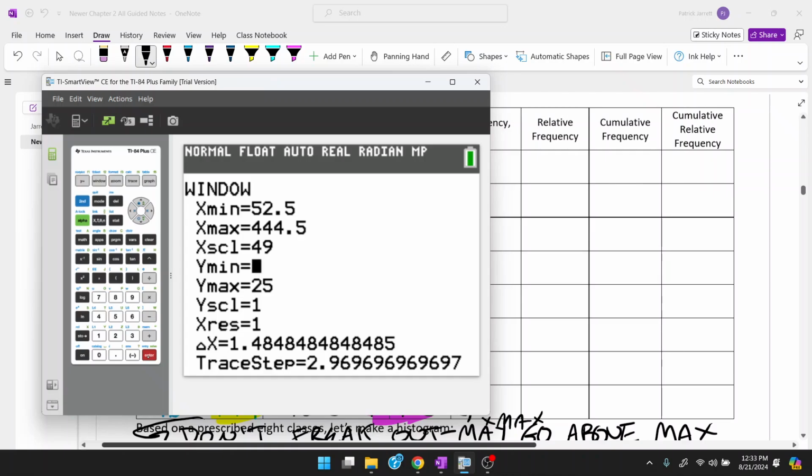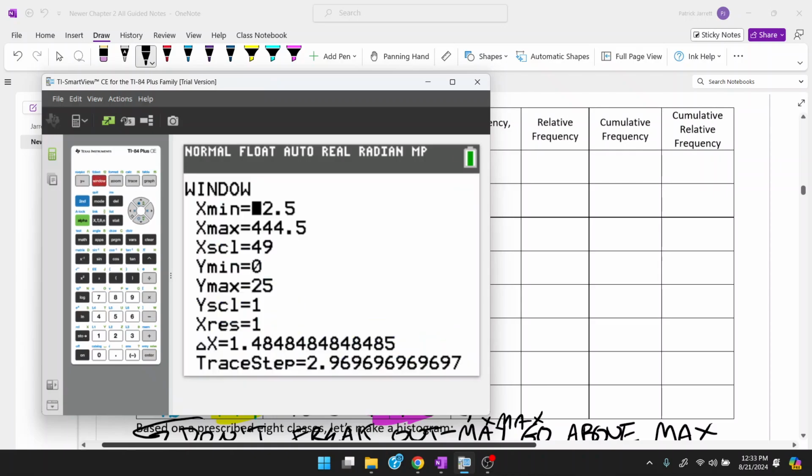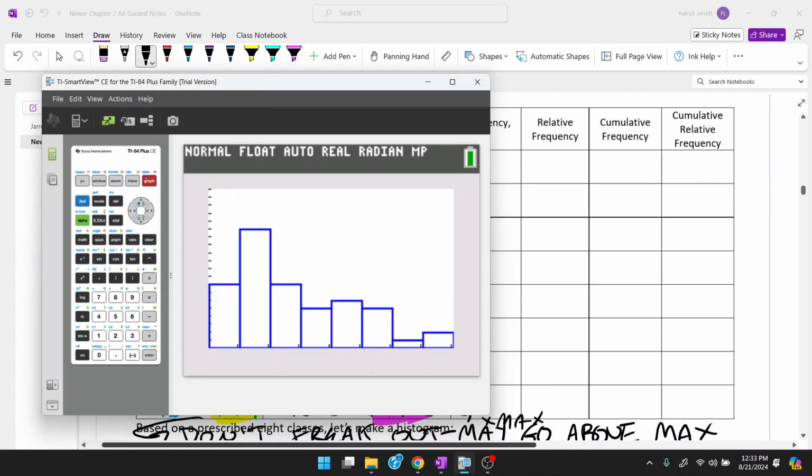Now, for the Y-max, if you've entered this and you find that the graph might be a little too small, if you're OCD like me, maybe I'll make that 20 just to make that a little bit more readable. But for the Y-min and max, you're thinking Goldilocks. It's too big, it's too small, or too hot, it's too cold, and it's just right.